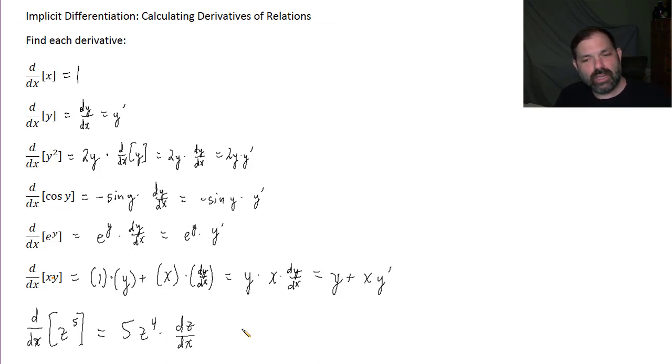Alright, so now that we have some idea of how we find the derivative with respect to x of various variable expressions, now let's actually talk about implicit differentiation and how it applies to relations.